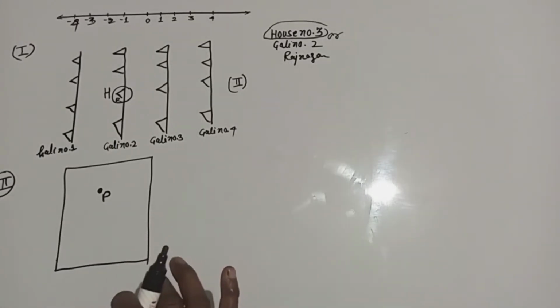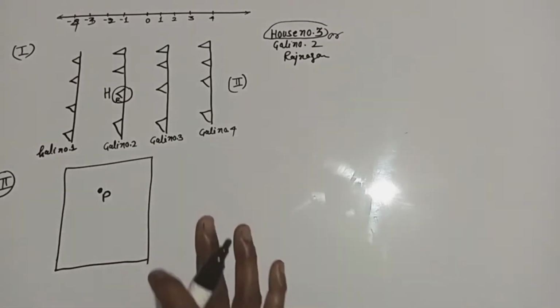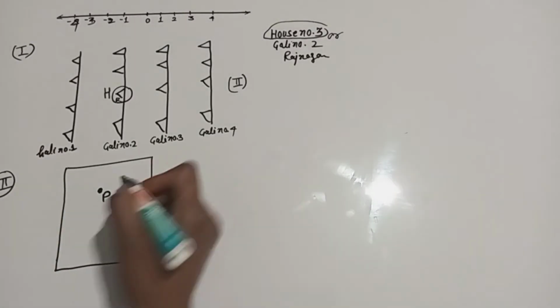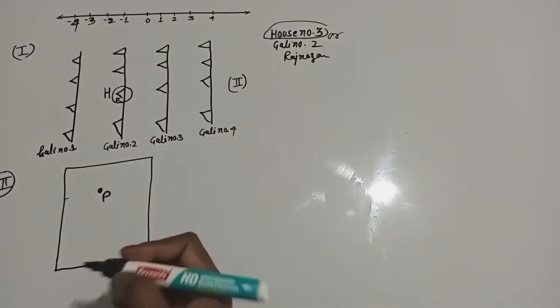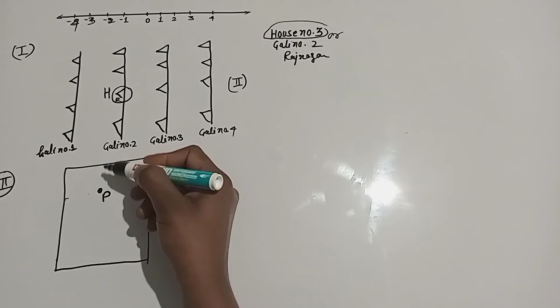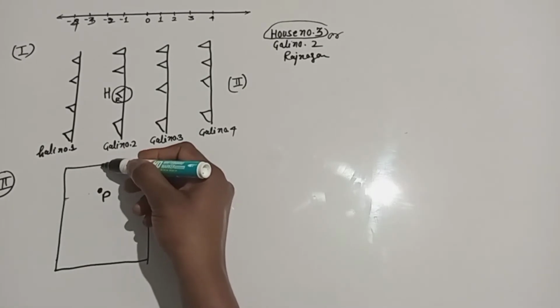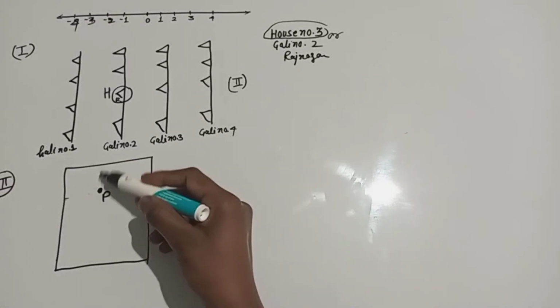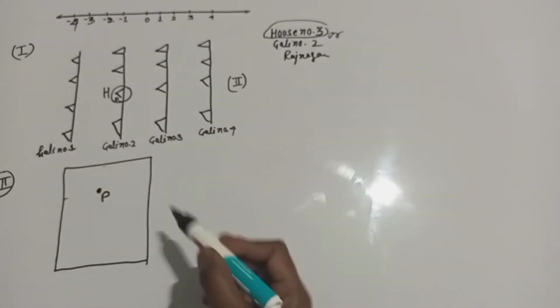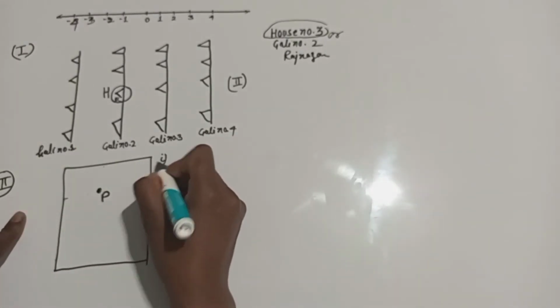If we have a piece of paper and put a dot on it, when we tell about the position of the dot, first we say it is near the left edge of the sheet.